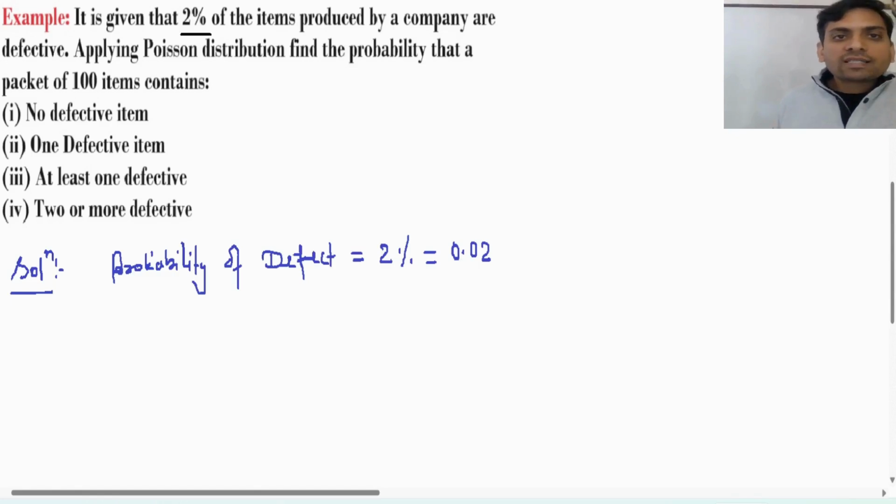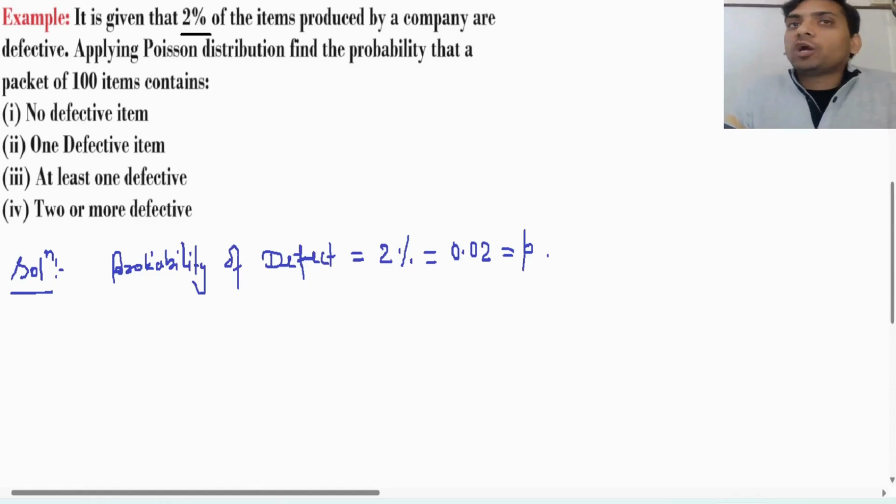So you will consider this given probability of defect as P. And if the probability of defect is given just like this 2%, but the question is based on non-defect, in that situation you will consider P as 98% because your question is based on non-defect. So whichever thing the question is based on, you consider that as the probability of success. Is it clear? Done? Okay.